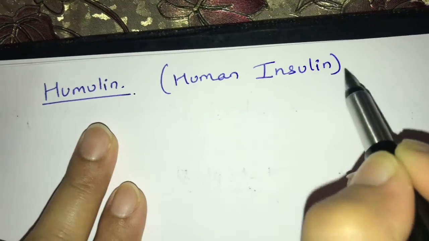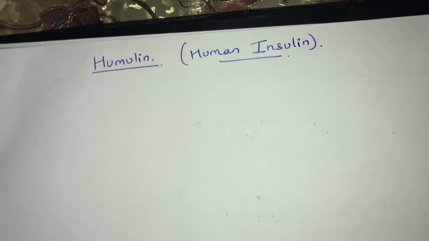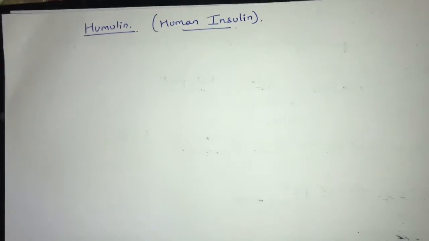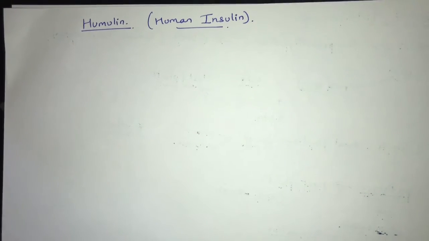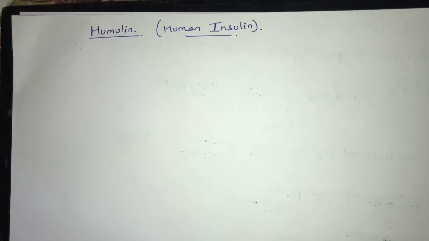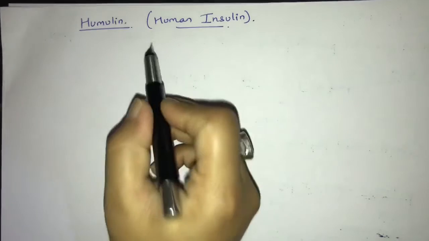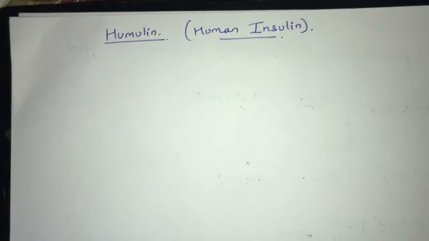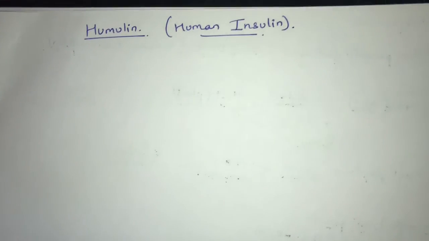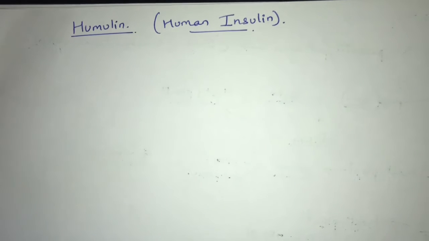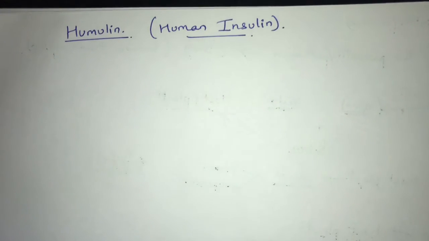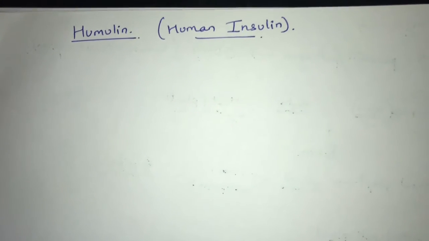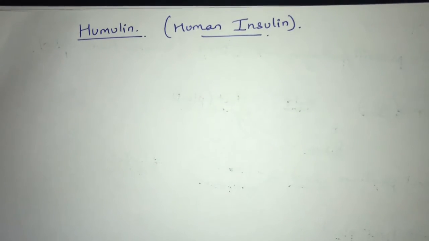You know that insulin is present in the pancreas. It is nothing but a protein that is present in the pancreas of human beings. Now, how is humulin produced biotechnologically? That means, how can the humulin protein be developed or produced artificially?